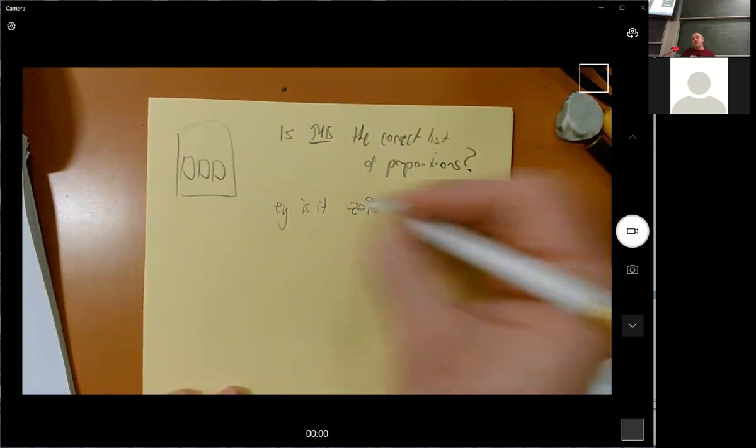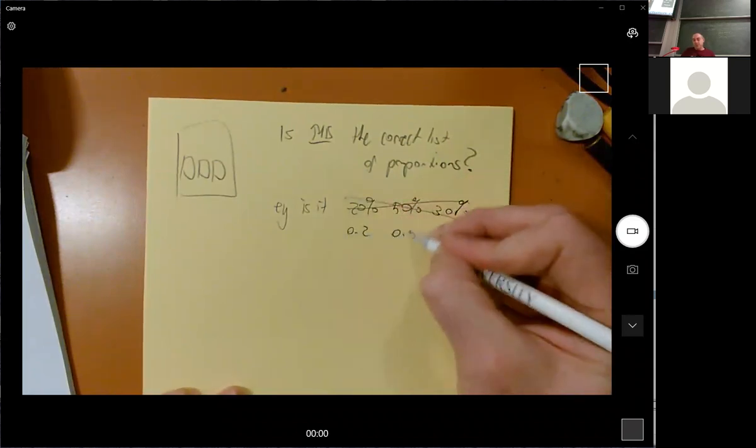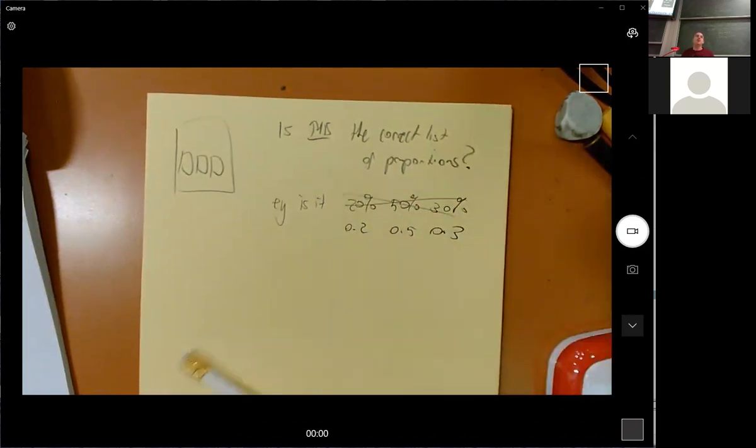Though if it's a statistician, they would say 0.2 and 0.5 and 0.3 because they don't like percentages. But that's the question. Is that the correct list? Which is a yes or no question, but it's asking about several proportions simultaneously instead of just one proportion. So there is a test for that. It's called the Chi-Squared Test for goodness of fit.